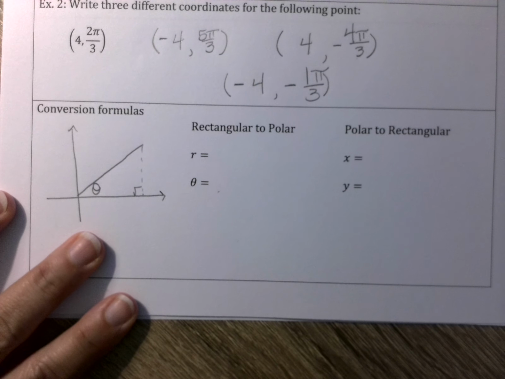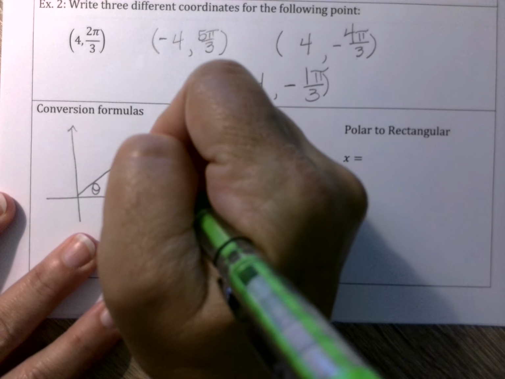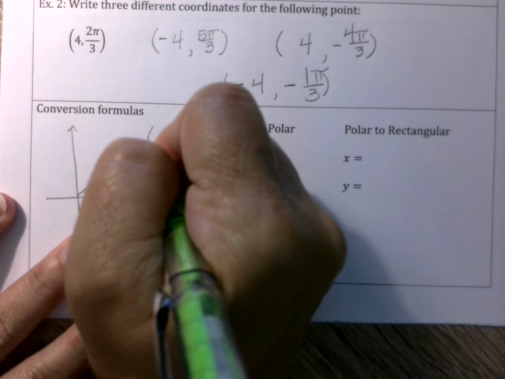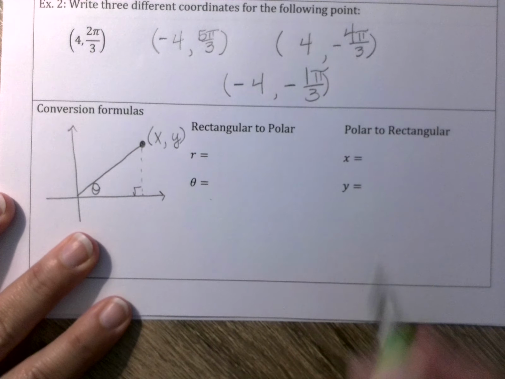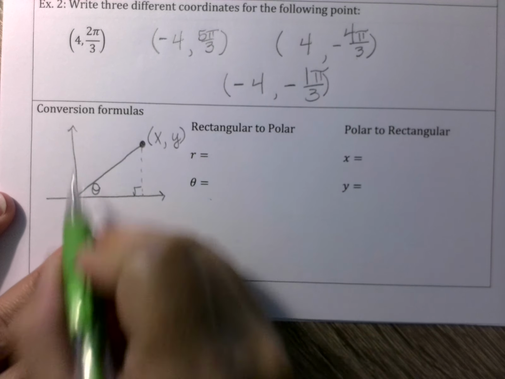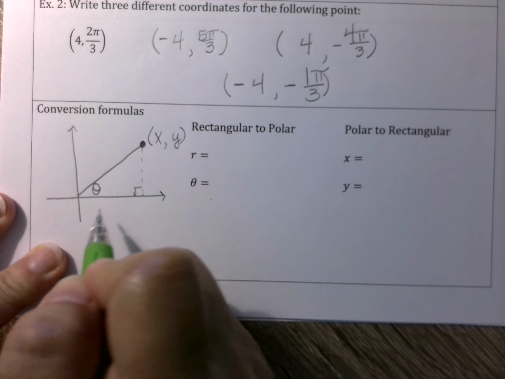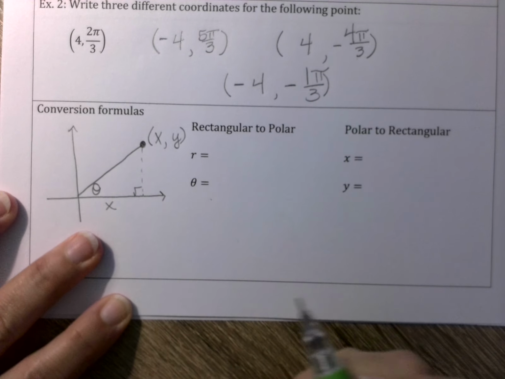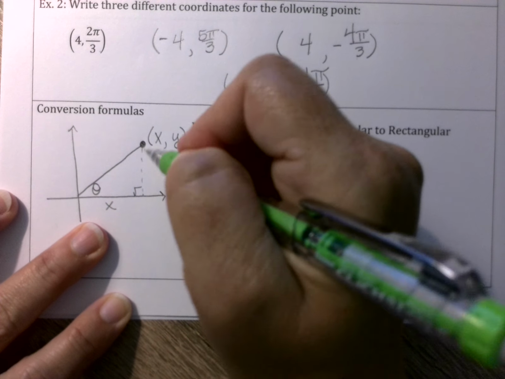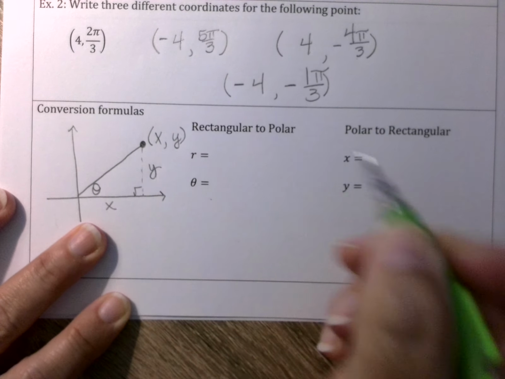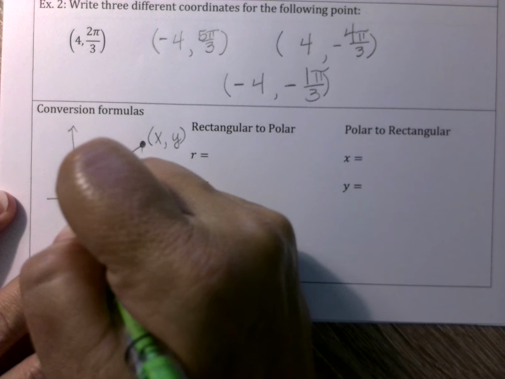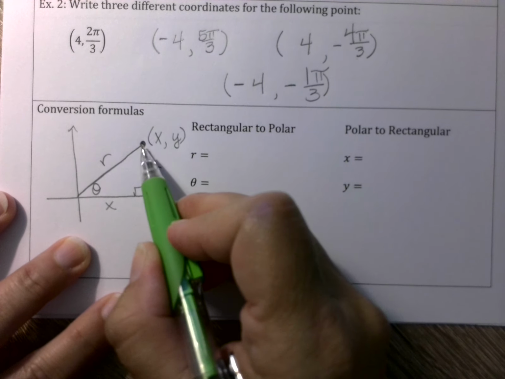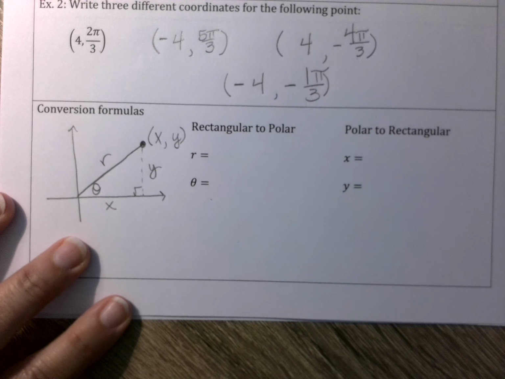We're going to make a right triangle here, and I'm going to put a point out here that has the coordinates x, y. If I label this triangle, then this side down here, the horizontal side, would have the length x. The vertical side would have the length y. And my radius is going to be the length of the hypotenuse of this right triangle.